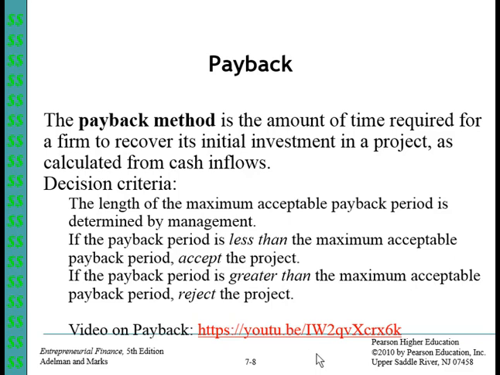But in reality, if you say you want your money back in 3 years and your money comes back in 3 years, you would accept the project. So this should be less than or equal to the maximum amount. So again, it's a very basic technique. It's very simple to use. And we'll show an example. We'll talk about this when we actually see the worksheet.